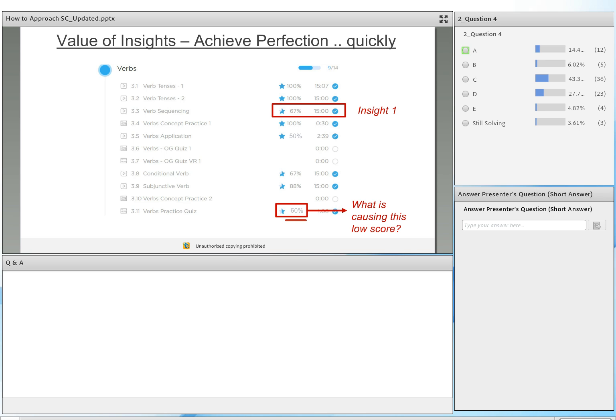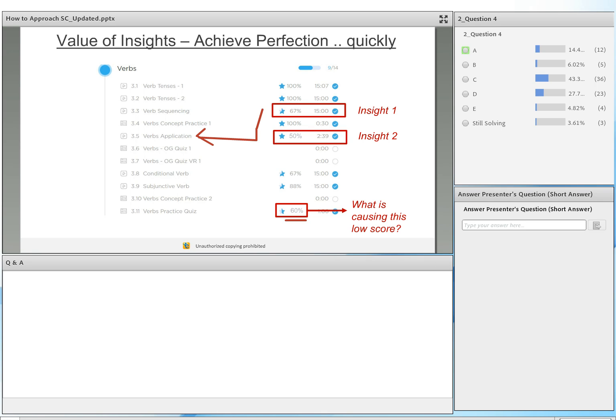What is causing this low score? It's actually very much evident from his course dashboard. He didn't score well in the verb sequencing file, which means that he still has issues with understanding how to sequence events. He didn't score well in the application file, and that was very obvious because whatever he learned here had to be applied to this application file.